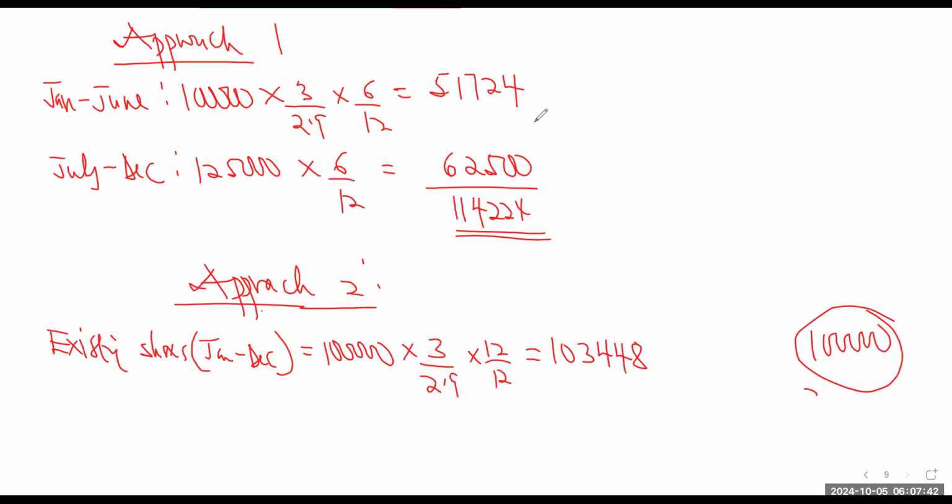Where is the 3,448 coming from? That is a portion of the bonus issue. So it means that of the 25,000 shares that we are issuing, 3,448 is a bonus issue. So what will be the remaining number of shares?